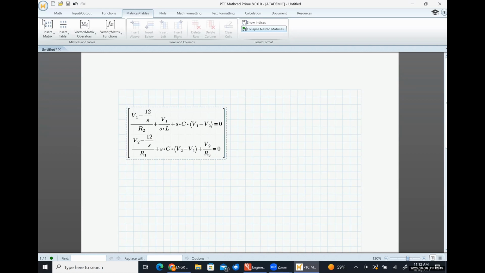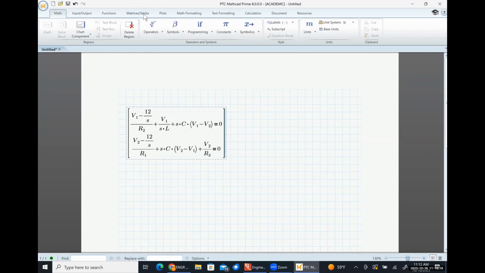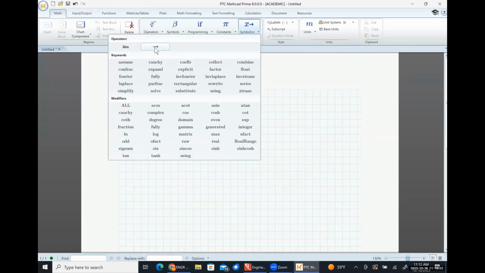And now I'm going to go back to the math tab here, and I'm going to go under symbolics. I'm going to press this arrow key.